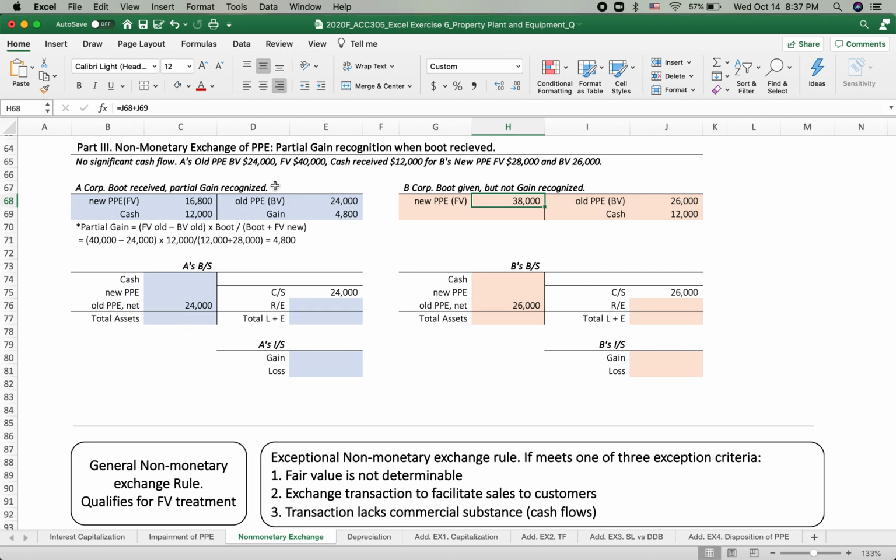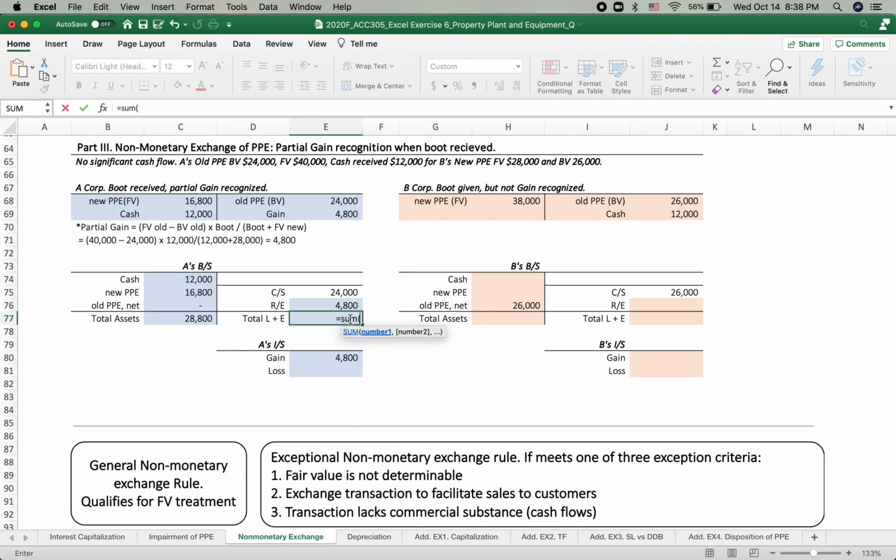Then let's record this journal entry into the books, the balance sheet and income statement. Here, the old PP&E of $24,000 should be removed, and then record the new PP&E at this new value, and the cash received, and the gain recognized. Then retained earnings should be linked to the gain. Then the sum of assets should be the same as total liabilities and equity, so 28,800.